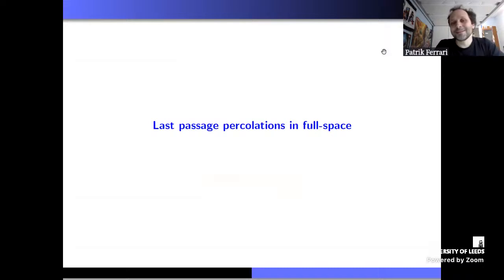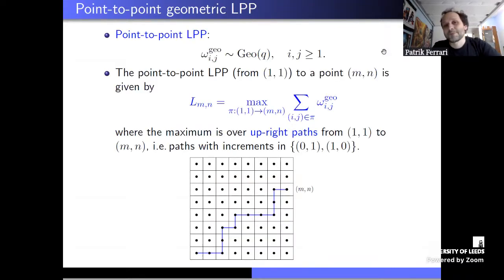So what is last passage percolation in full space, first of all? I start with the simplest case possible. You consider, like in this picture, this dot, for ij positive, you put some IID geometric random variable with parameter q, say q between 0 and 1, and then the point-to-point last passage percolation for one point that I call (1,1) to (m,n).